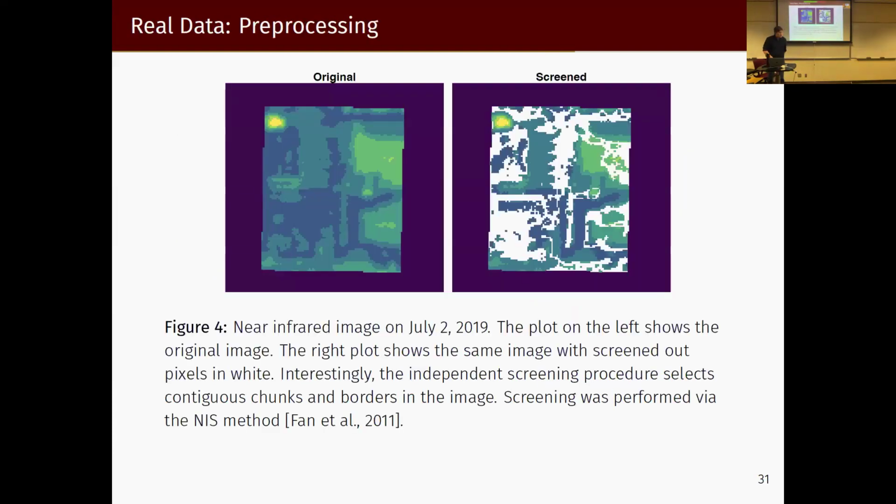Now, back to the real data example that I started with. We have satellite images over Las Vegas, and we have the daily monitor readings. This is July 2nd, 2019. Here's the original image in the near infrared band. And then on the right, I do some screening.